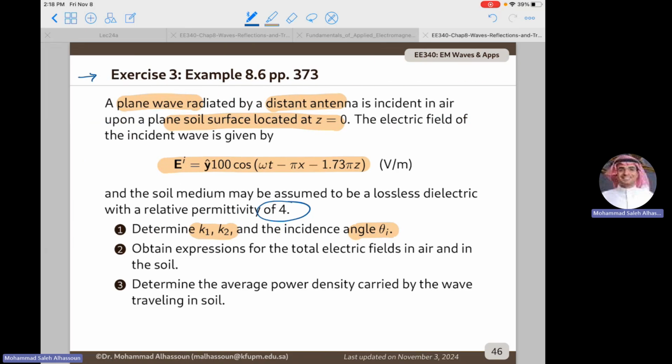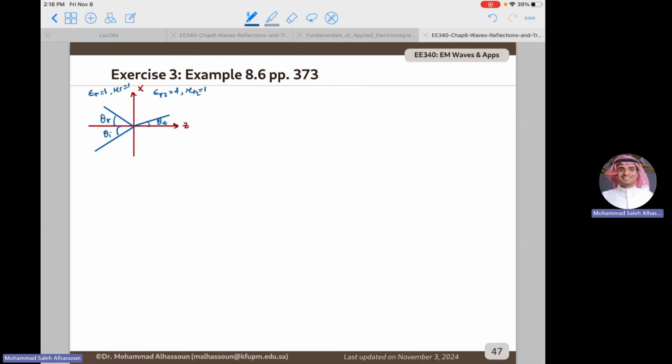Let's solve the first part, which is determining K1, K2, and the angle of incidence. First of all, we know that K1 is nothing but the magnitude of the wave vector in medium 1. So what is the wave vector in medium 1? Let's try to find this.